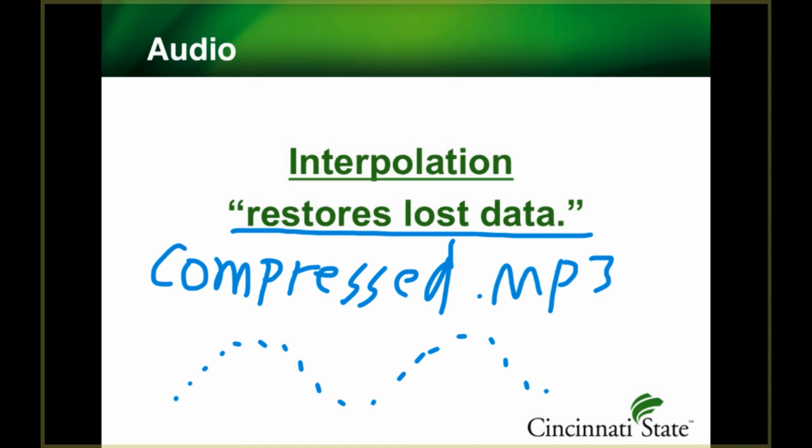Well, you can actually go back and erase some plot points at specific intervals. And then the computer, based off the mathematics that it knows, can still go through and plot out that shape of the sine wave based off of very advanced mathematics. And so by removing those points, it's making the file sizes smaller.